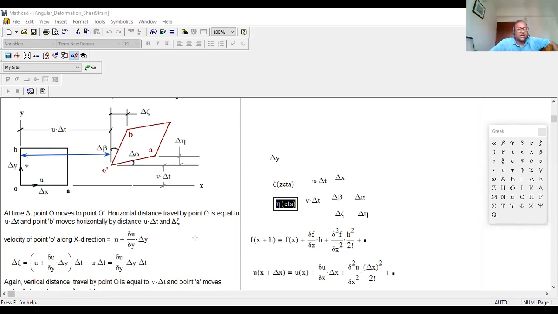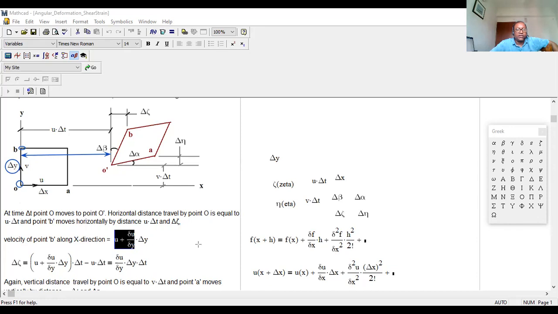The velocity of point B will be u plus del u by del y into del y, because point B is traveling faster than point O. We don't know it directly, but we know the velocity at point O, so we use Taylor series where h will be del y.